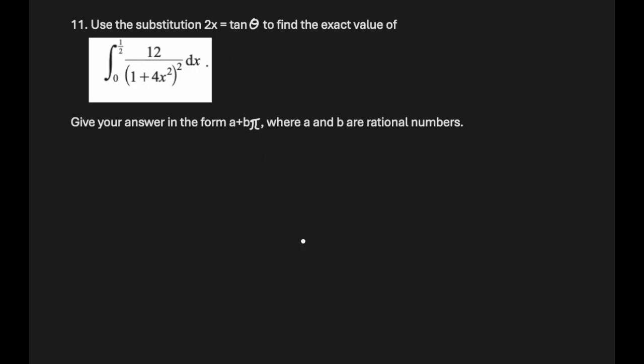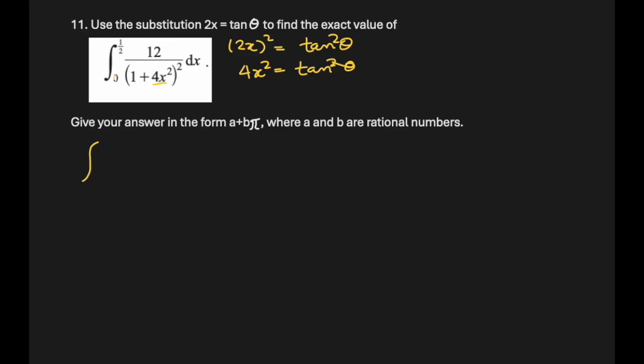So 2x is equal to tan theta. So if I square both sides, it will give me 4x square equal to tan square theta.